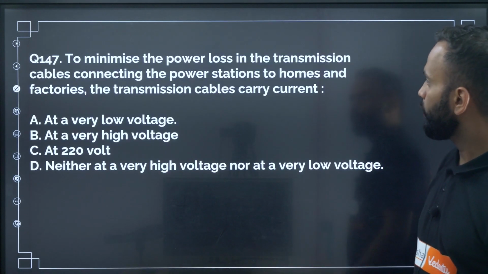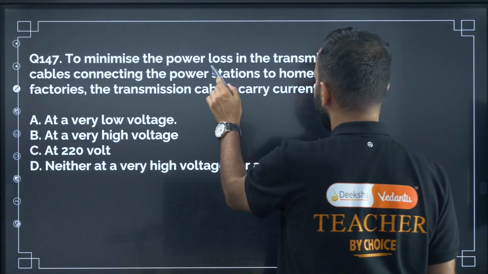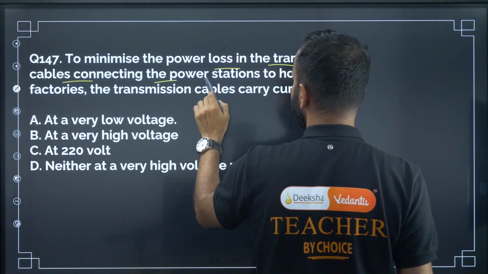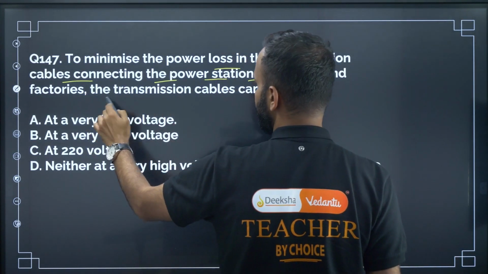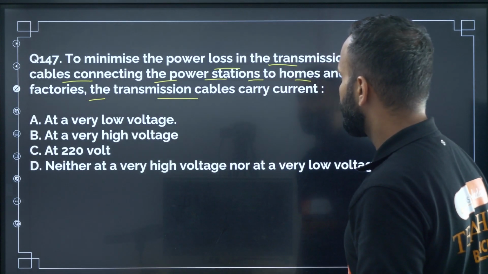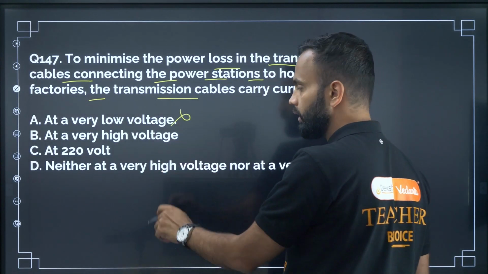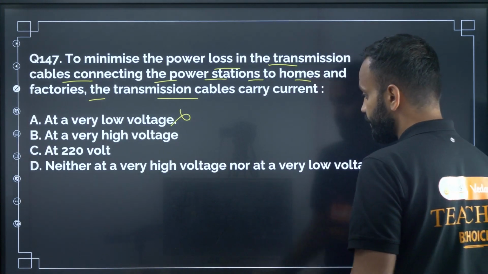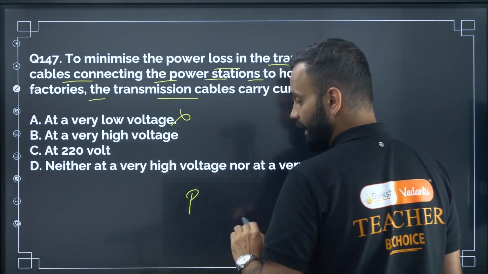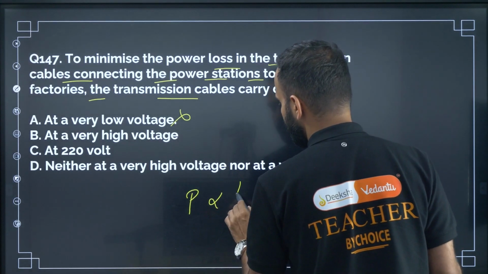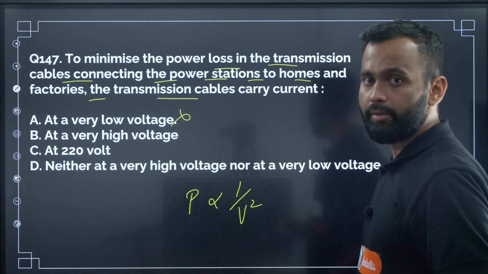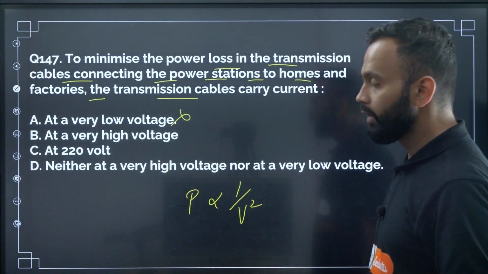Yeah, question number 147. To minimize the power loss in the transmission cables connecting the power stations to homes and factories, the transmission cables carry current, okay, at a very low voltage. So this is wrong. Why? Here the power dissipated in the transmission cable is inversely proportional to the square of the voltage at which current is passing through the transmission cable, right?